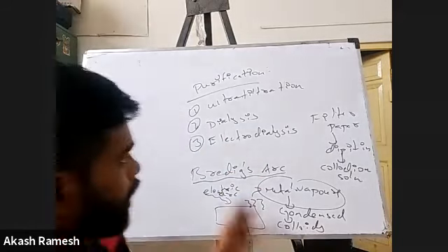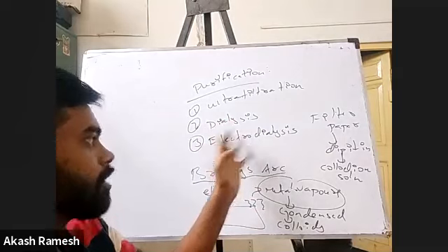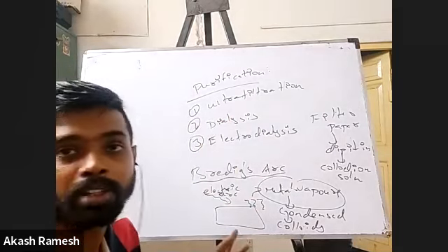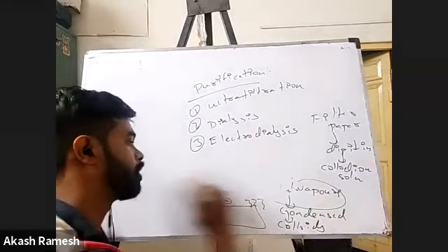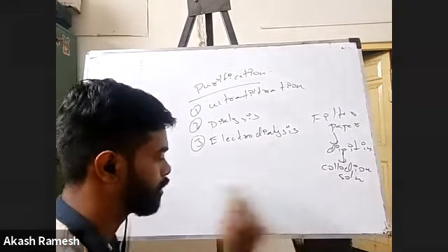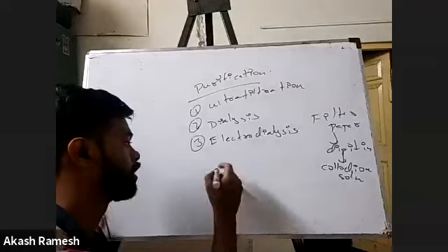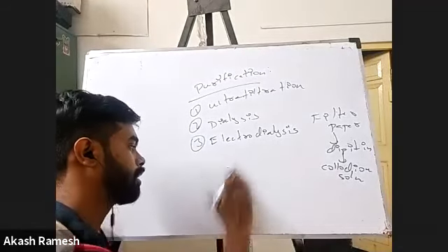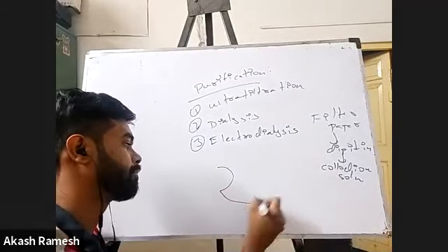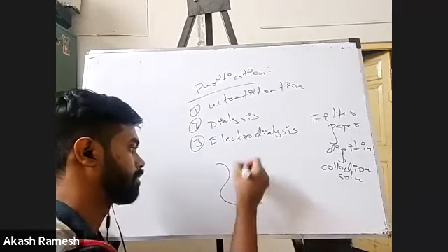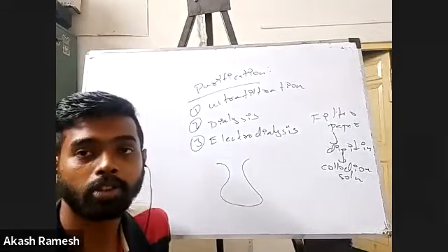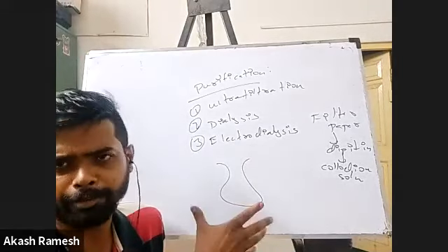So in dialysis and electrodialysis, if you understand dialysis, electrodialysis is very simple. We'll understand what we mean by dialysis. So, bear with my diagrams, please. You are going to have this kind of a vessel.